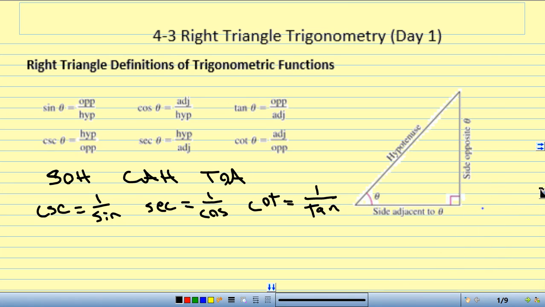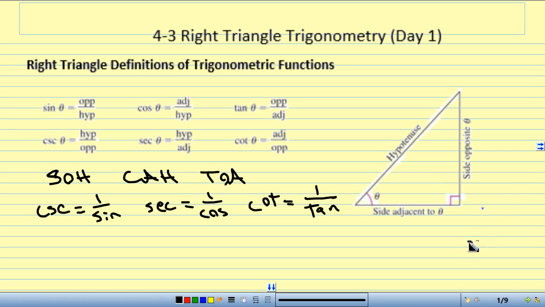Now, some students have difficult times identifying which one's the opposite, which one's the adjacent. So this is how I remember it. The hypotenuse is always across from the right angle. Always.